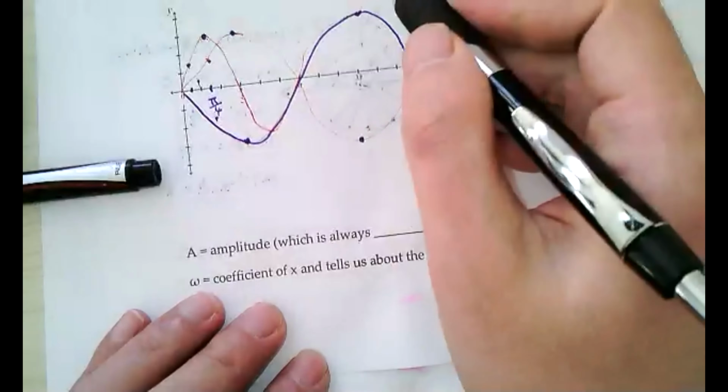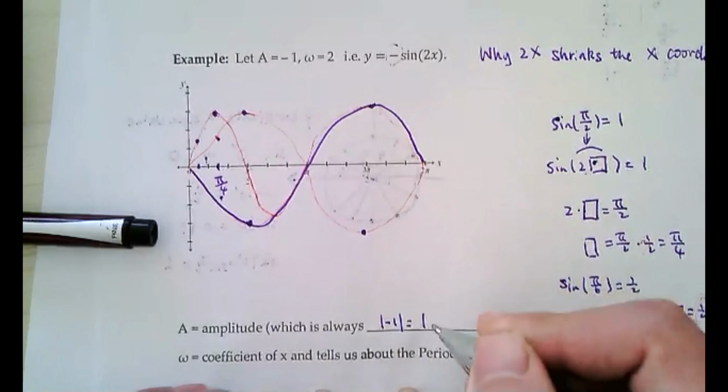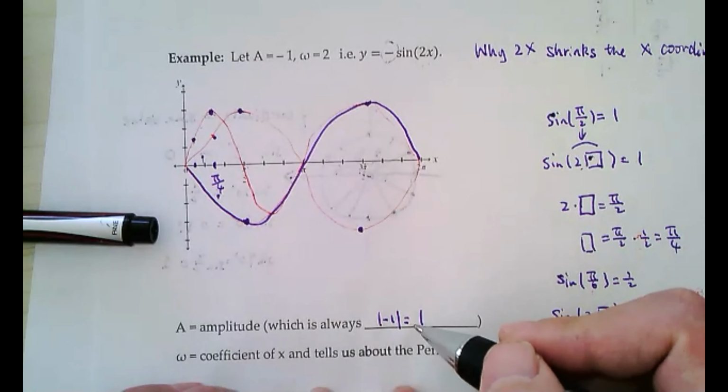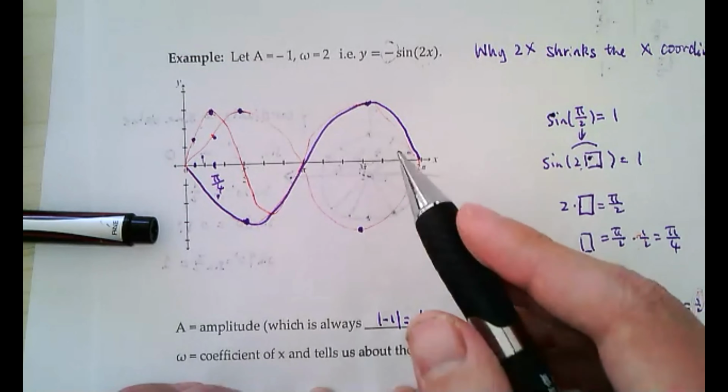Here you are multiplying by 1. The amplitude does not change. It just flips the sign, right? In this case, you are multiplying by -1, so the amplitude is still the absolute value of -1, which is just 1, which is always 1. You just flip the sign, you didn't change the numbers. The coefficient of x is about the period of the graph.